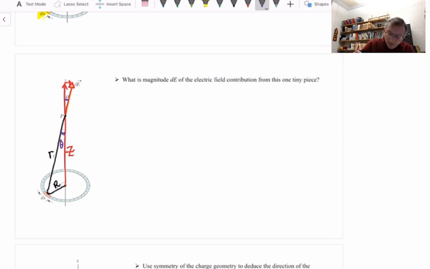All right, so now the question is, what is the magnitude dE of the electric field contribution from this one tiny piece? That's what I want us to talk about next. What is the magnitude of that vector quantity right there? Key thing, treat the tiny piece as a particle.